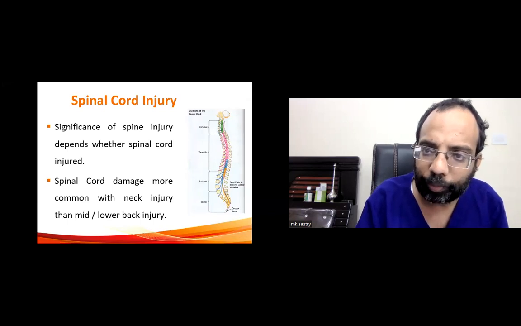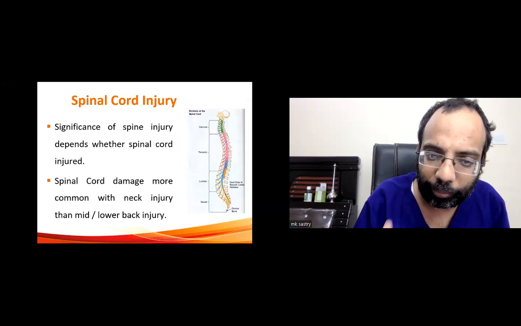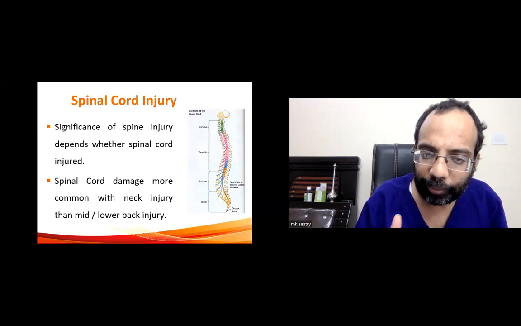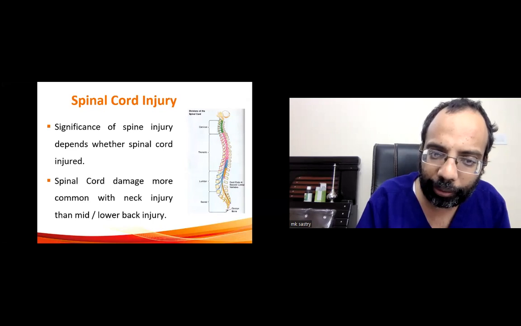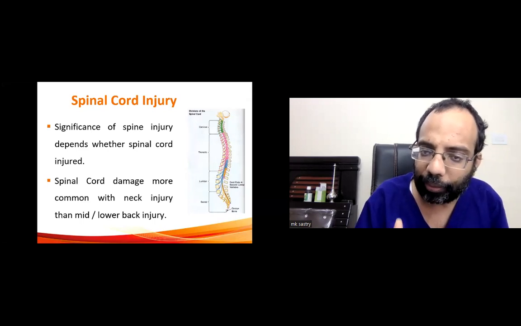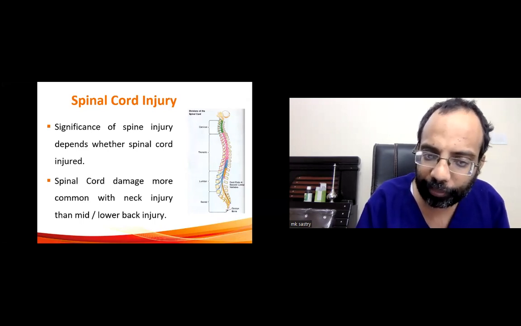So the spinal cord is more injured with neck and thoracic, less with lumbar. Where is the main injury? More in the neck, then in the thoracic, then in the lower area. Clear?